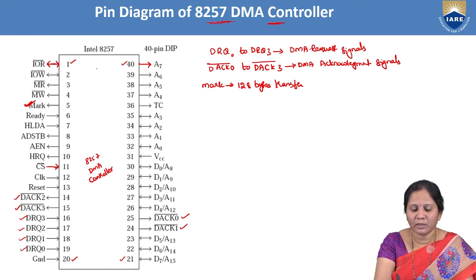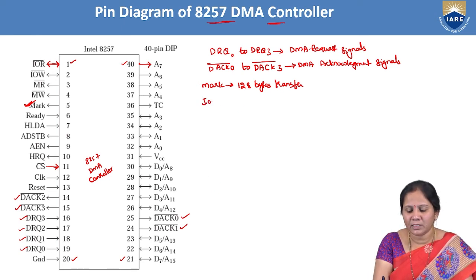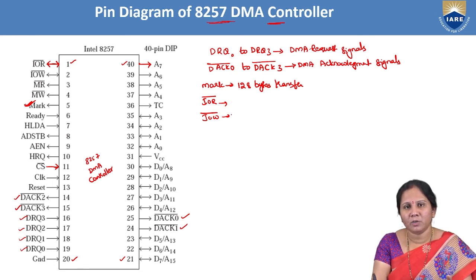Coming to the first line, this is IOR bar and IOW bar. They are active low signals, and they are bidirectional signals. That means they will act as input pin and output pin.